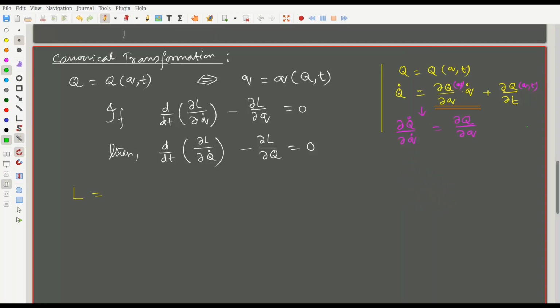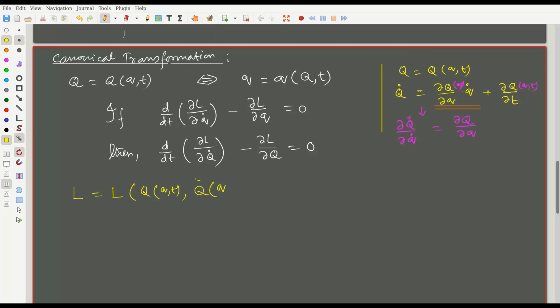All right. Then L is a function of Q, which is a function of q and t, and then a function of Q̇.